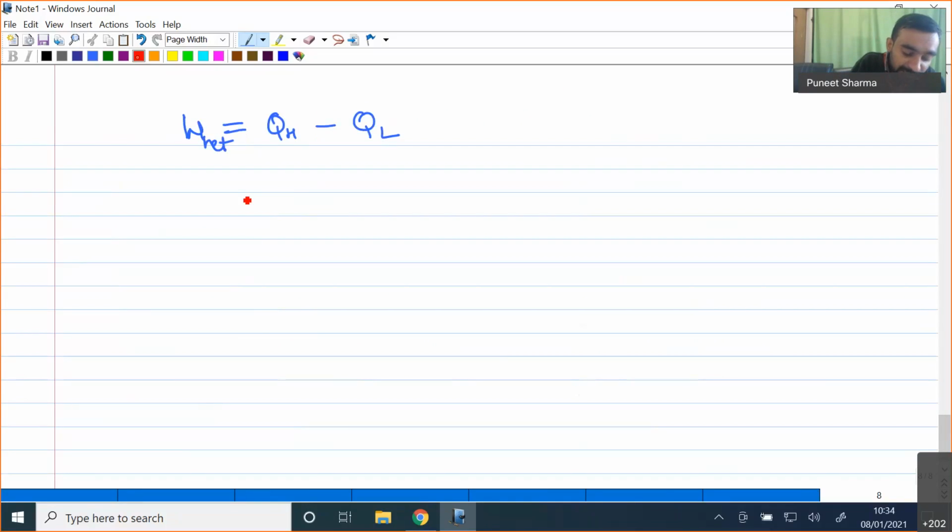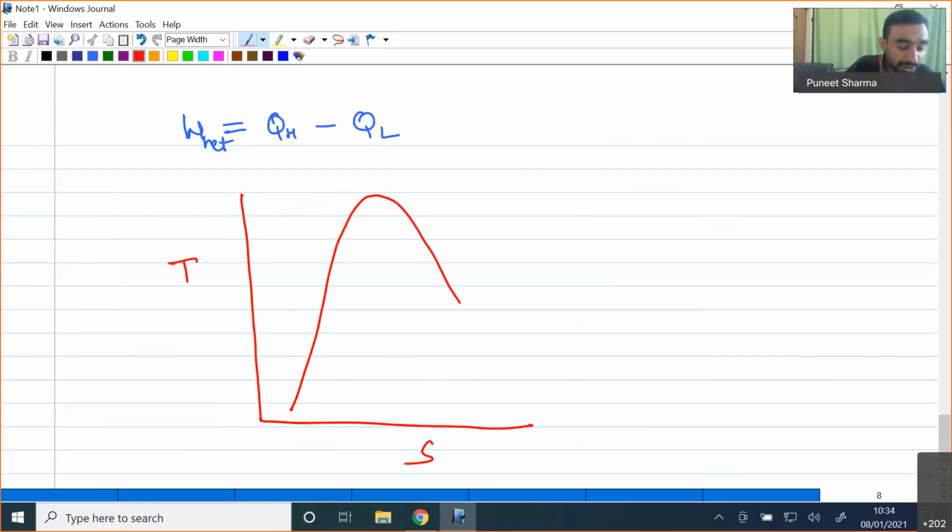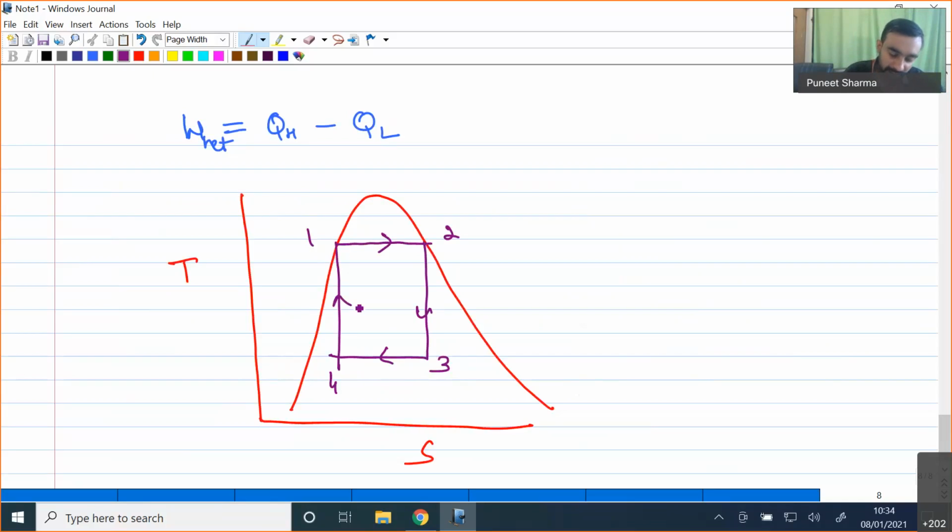Okay, so as per this formulation, I have to show it once again on the TS diagram. So let me first plot my cycle. So this is 1, 2, 3, 4 and 1. We have seen that our entire area represents the amount of heat added, and the area below 3 to 4 represents the amount of heat which we have rejected.